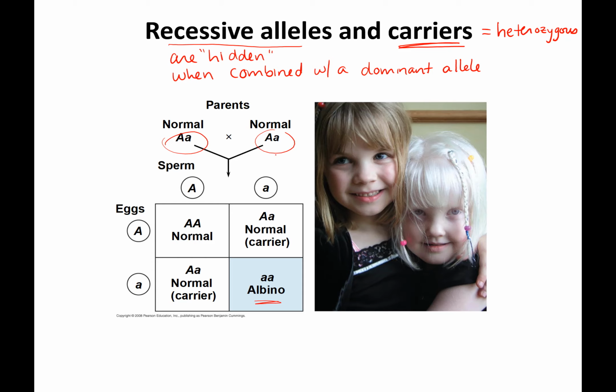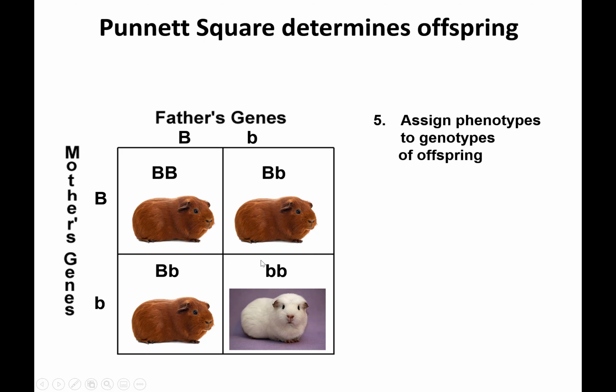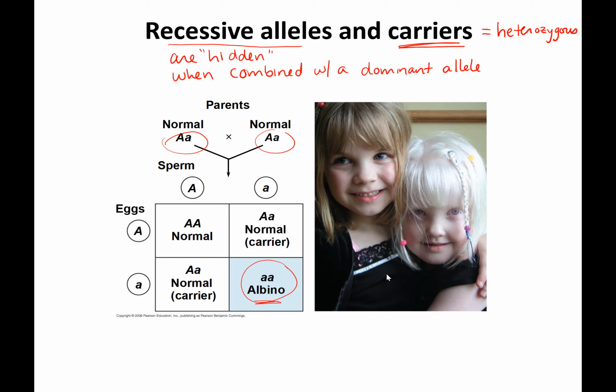So they don't show the recessive phenotype, but they carry it and they can produce a child with a recessive phenotype. So you might see this when you're breeding your guinea pigs and you have these two brown guinea pigs and all of a sudden, whoop, you get a white little baby. You say, how'd that happen? Well, it was probably the recessive allele that both parents were carrying and doesn't show up until you're homozygous recessive. So if you see the word carrier, you know that that person is heterozygous.